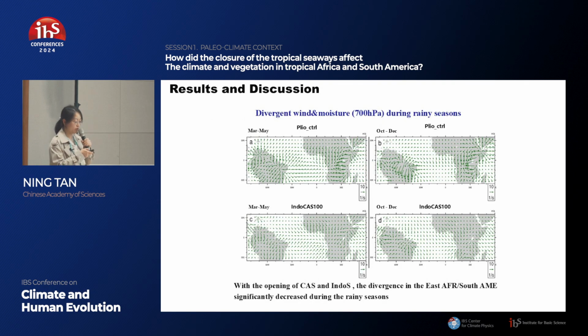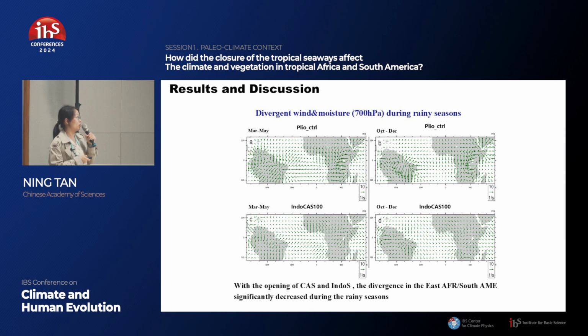That is because when we check the divergent wind and moisture during the rainy season in the two areas, we found that under the control case, the modern case, there is very strong divergence in East Africa and in East South America.